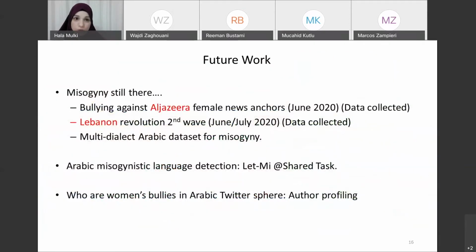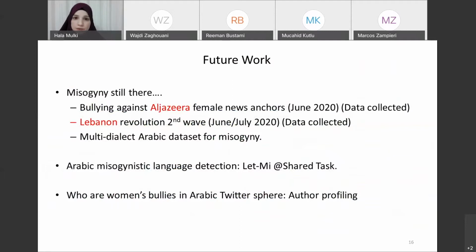As a conclusion, we can say that the phenomenon of misogyny is still out there, not only on Twitter, but on all social media platforms. So as a future step for our research, we aim to provide a multi-dialectal Arabic dataset for automatic detection of Arabic misogyny.